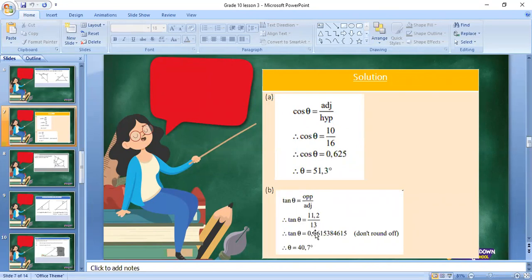But if you're going to use it in the next calculation, then you must use the previous answer on your calculator, the button at the bottom right corner. Press previous answer and then tan inverse of previous answer. So in your calculation you use the full value, but on paper you write the short value. That is allowed.